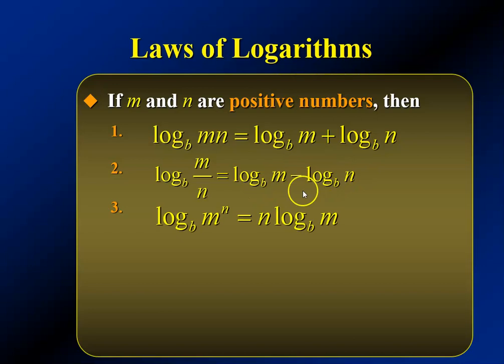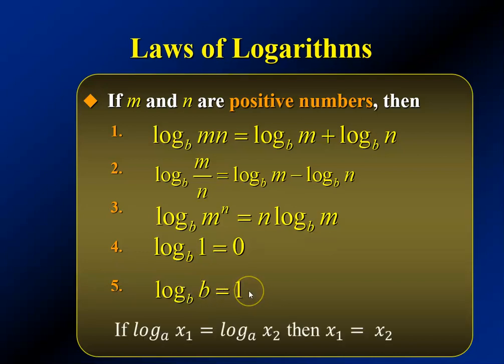Log m to the power of n gives n log m base b. Log 1 base b equals 0. Log b base b equals 1. And if both logarithms have the same base, we can solve directly for the value of x.